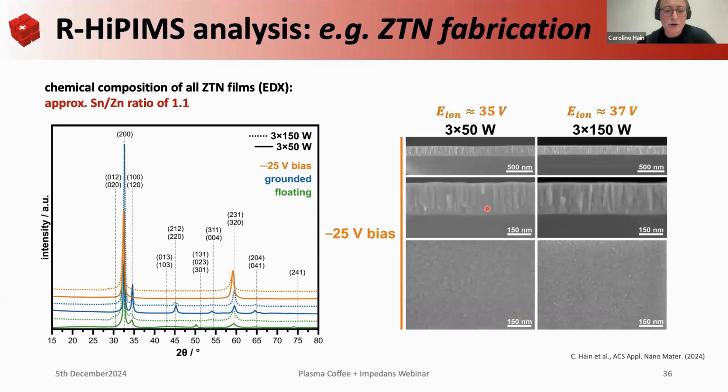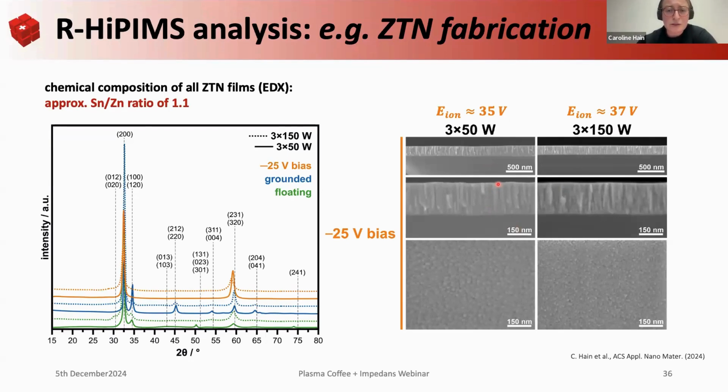And then we move to our biased sample. Now we're shifting to energies of 35 and 37 volts. And so now we have a very compact film with very straight grains. The growth continues from the substrate all the way to the surface.